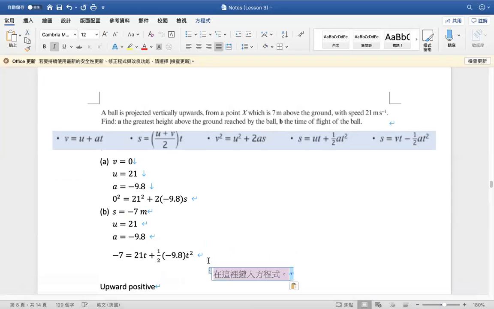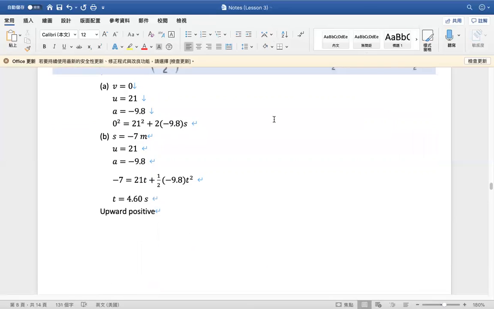What do you get for t? I don't have an answer. I get one is negative 0.31. One is 4.60. So 4.60 seconds is the correct answer.